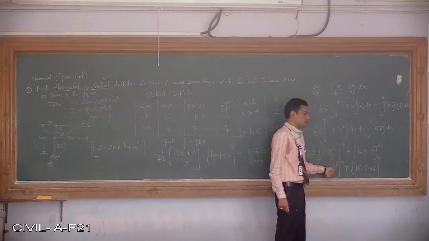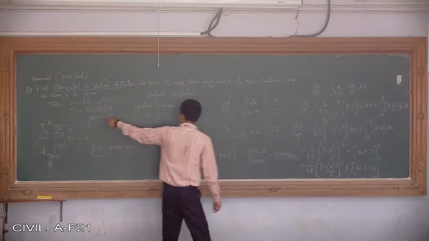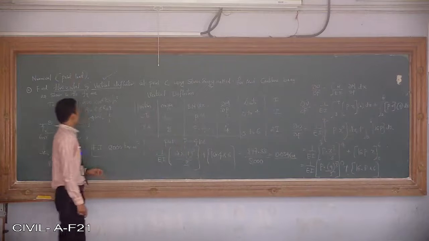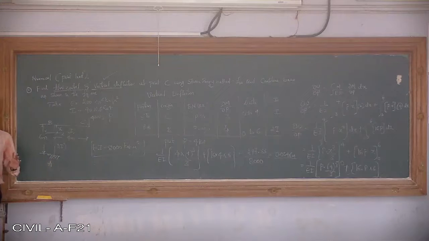At the end you can replace P with the load given in the question and you get the vertical deflection. This is how you find horizontal and vertical deflection in bent cantilever beams. One numerical tomorrow I am going to take with a combination of UDL and point load. After finishing this, we can have the arches and cables.